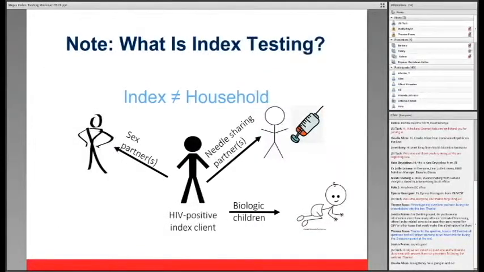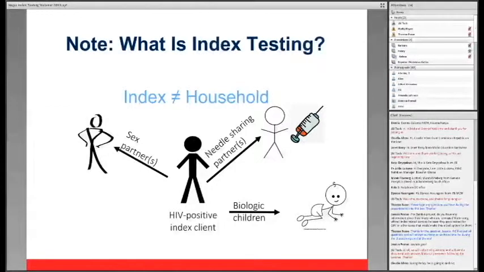So basically, and we know this particular slide, one of the classic slides that we have. For the project, we're looking at the HIV positive index, the key population living with HIV, and the biological child in terms of the sex or the sex partner.